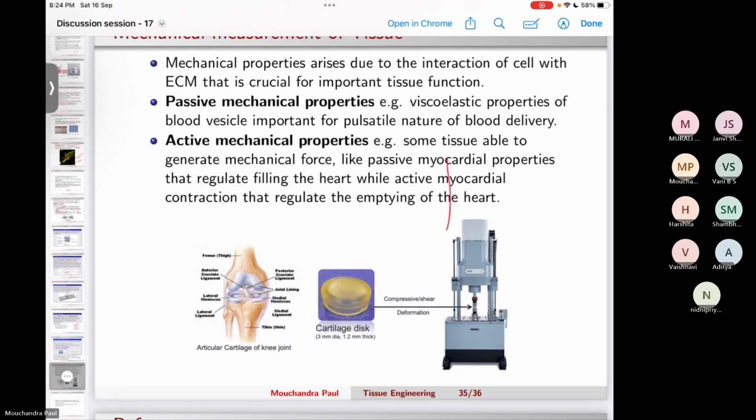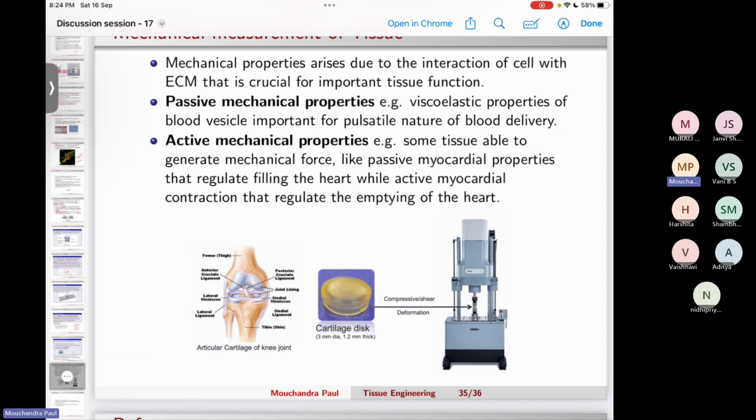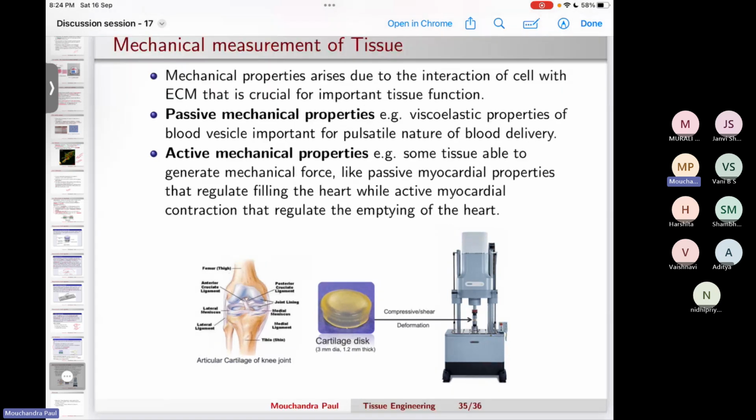Then for tissue engineers, it is much more important to understand the mechanical properties of their tissue rather than individual cells. Because in our body there are tissues of different strengths. Like bone is the hardest tissue. Then there are soft tissues, and tissues like the brain. Brain is very soft.